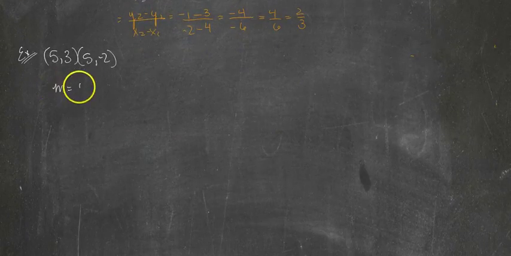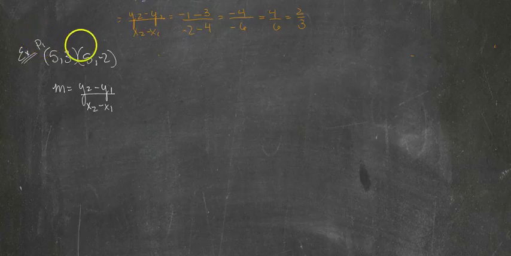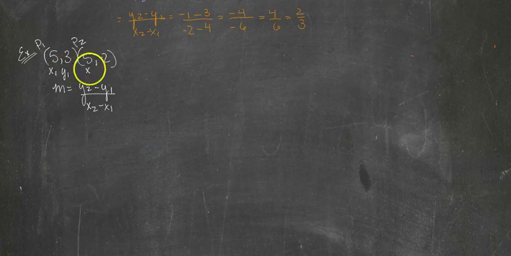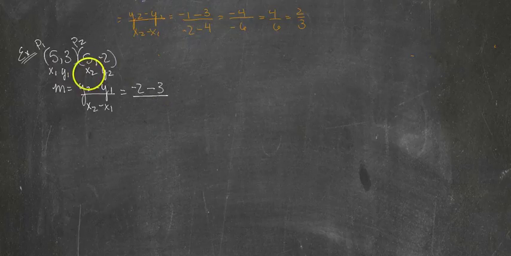M equals y2 minus y1 over x2 minus x1. Let's decide which point is which. Let's call this P1 and call this P2. Well, if we've done that, then this has to be x1, y1, and this has to be x2, y2. Now just plug in my values. y2 is -2 minus y1 is 3 over x2 is 5 minus x1 is 5.